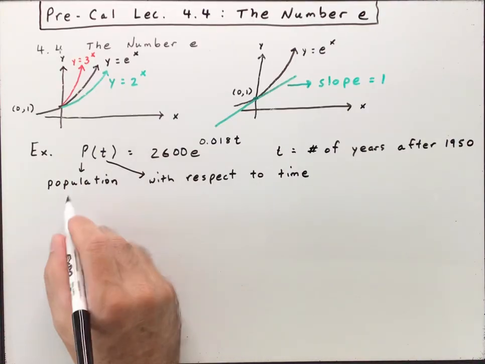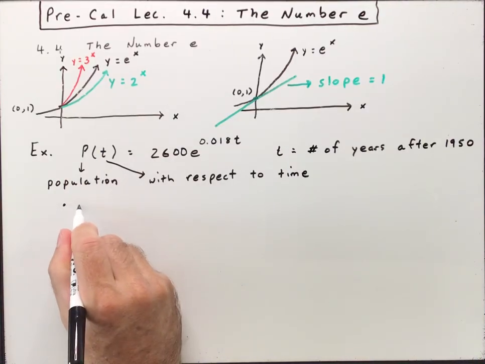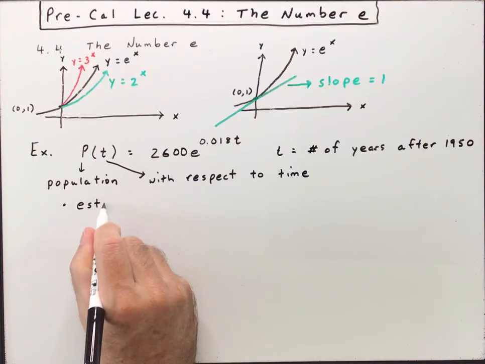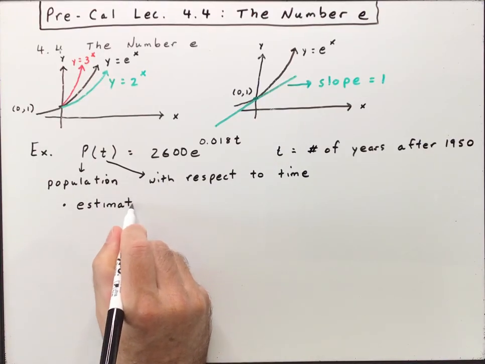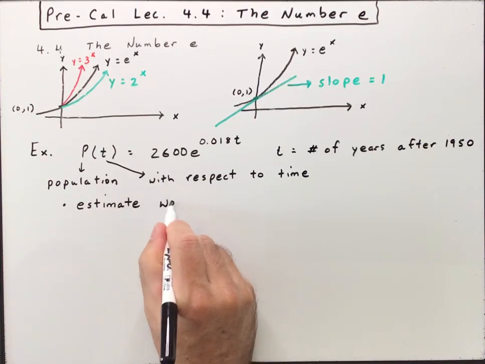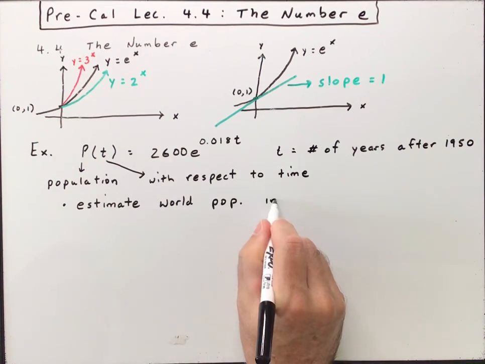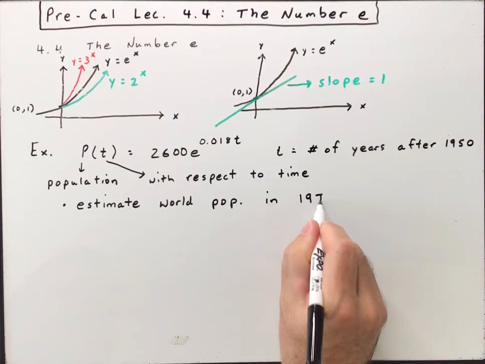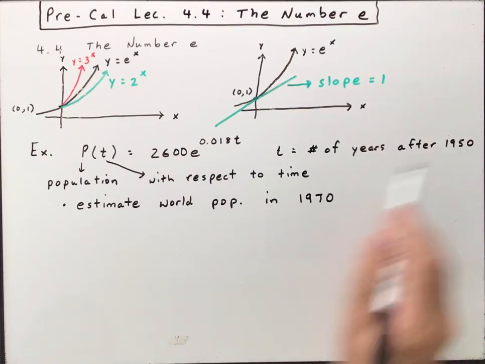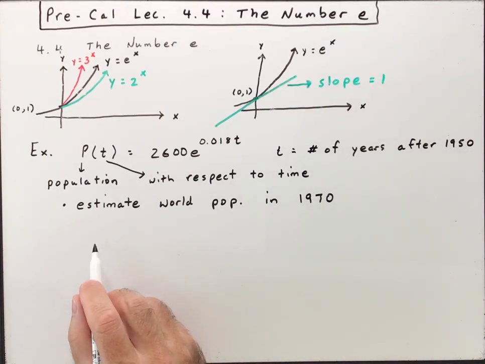Okay, so we want to estimate world population in 1970. So 20 years after 1950.